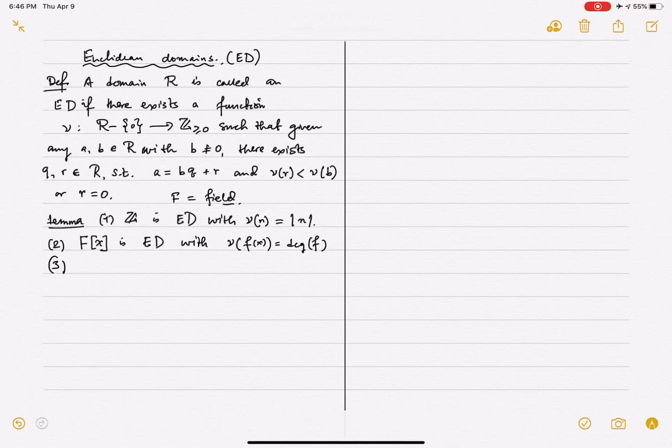Maybe one new example, Z[i] is a Euclidean domain.